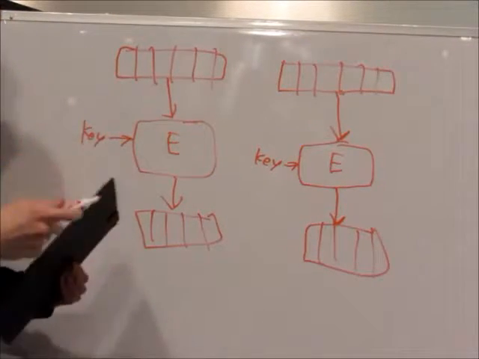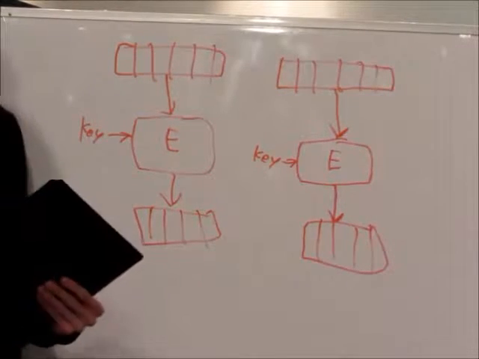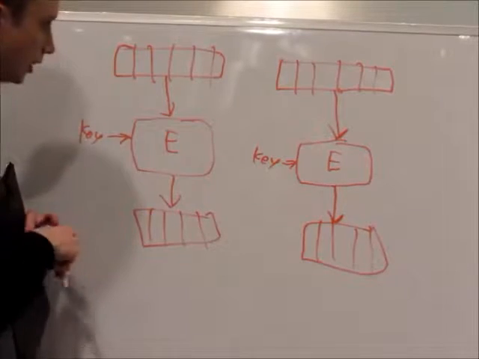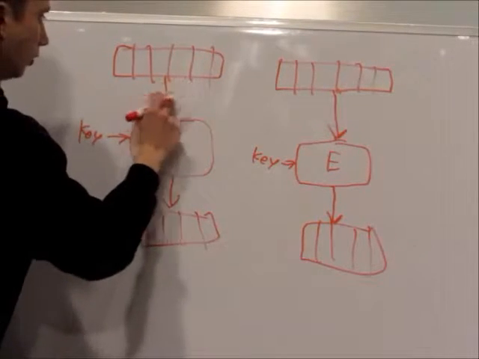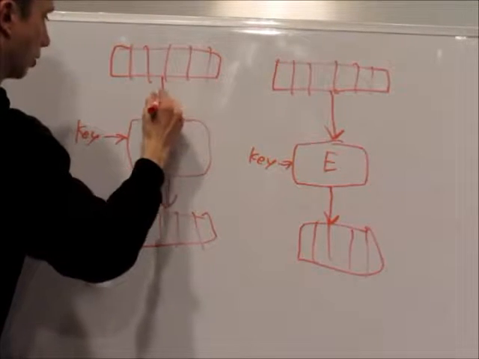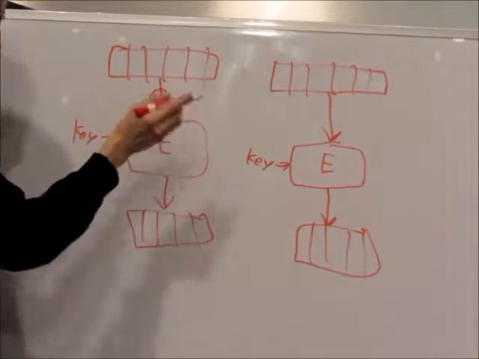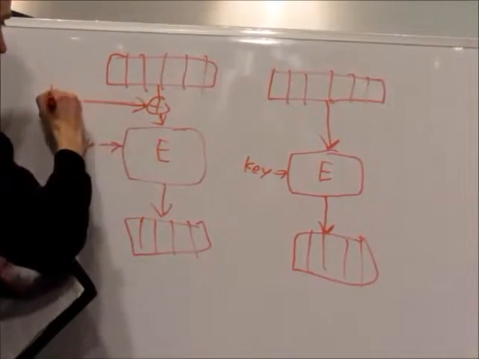There are many ways to improve this, and one of the really common ones is something called cipher block chaining, or CBC. What you do in CBC is, right here, before you pass into the encryption function, you do an XOR, bit by bit, with something called an IV.